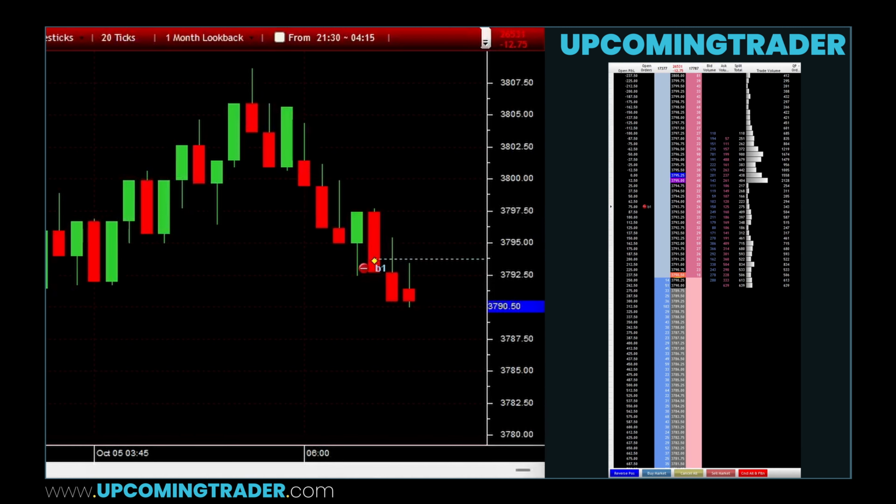Shooting star. The shooting star is the opposite of the hammer and indicates a potential bearish reversal. It occurs after an uptrend and features a small body at the bottom with a long upper wick. This pattern suggests that selling pressure is starting to outweigh buying pressure, potentially leading to a price decline. Hanging man.